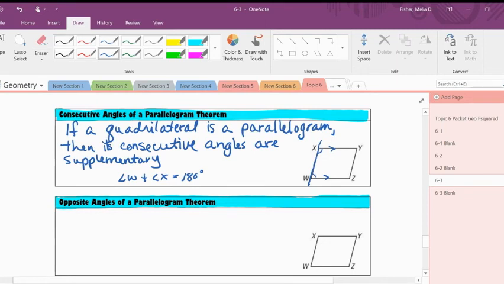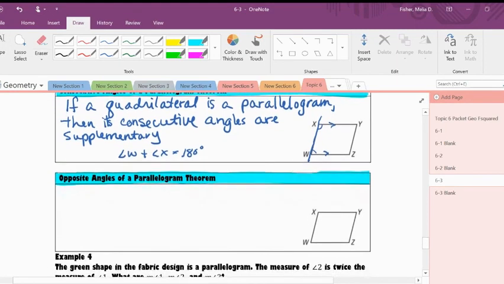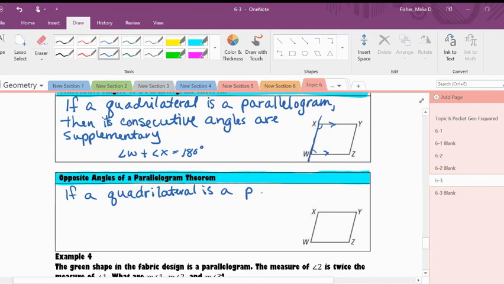Opposite angles of a parallelogram theorem states that if a quadrilateral is a parallelogram, then its opposite angles are congruent.